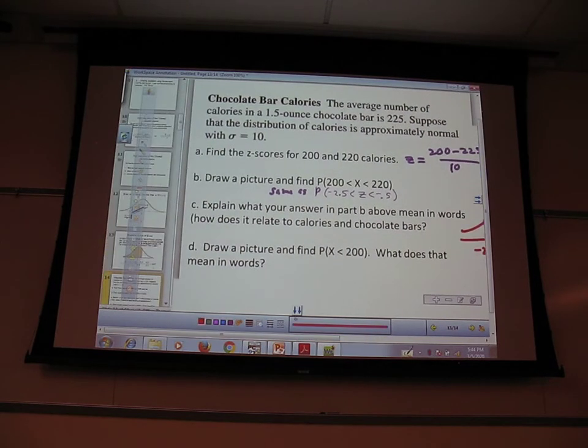So what did you say again? Can we put it all together into like one clean thing? You said 30.23%, is that what you said? Of the population, sure. Population of what? Chocolate bars.